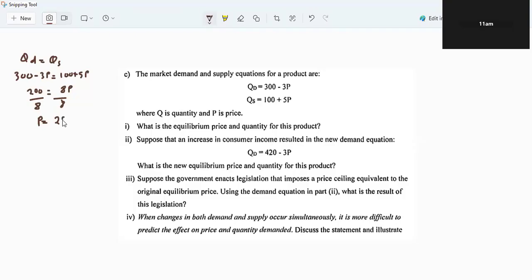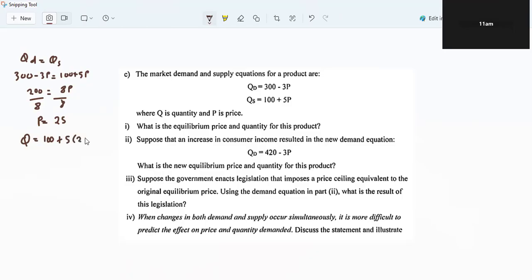How do you find the quantity? We can say quantity demanded is equal to 300 minus 3P, then on P we replace it with 25, which we found as the price.